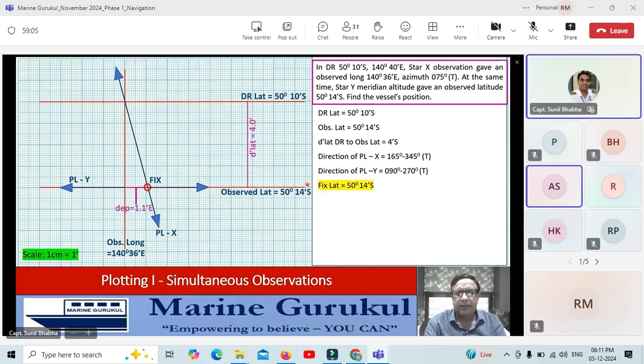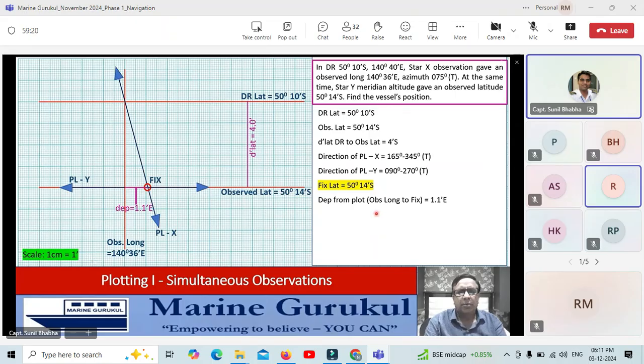So we come this side for calculations now. Fixed lat is same as observed lat, 50 degrees 14 minutes south. Departure, read off from the plot using the same scale out here, from observed long to fix is 1.1 minutes east.